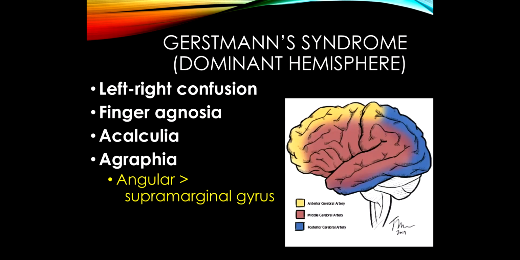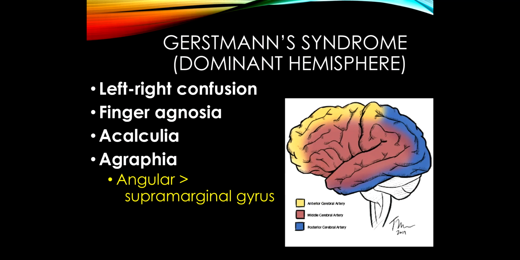Now, if our lesion is just a little further back, so we've got Wernicke's area mainly here, but if you've got the stroke far posterior, back here around the angular gyrus, then this is when we get Gerstmann syndrome, which we've already talked about. But just for review, patients with a stroke here have right-left confusion, finger agnosia, acalculia, and agraphia.